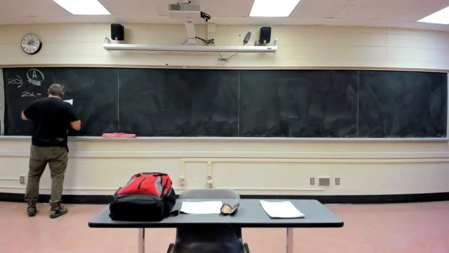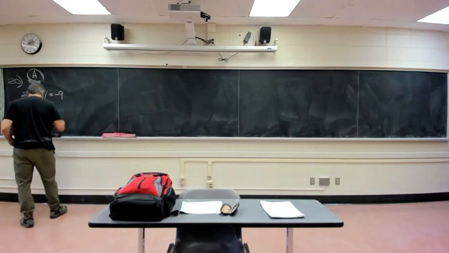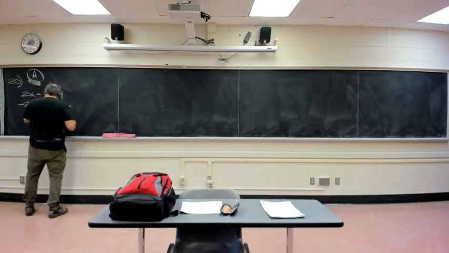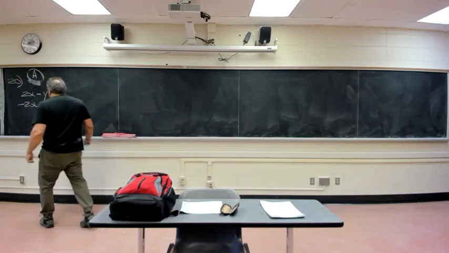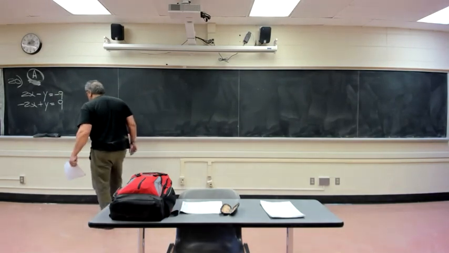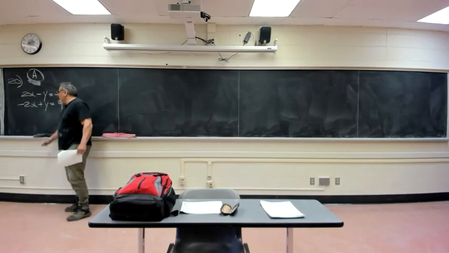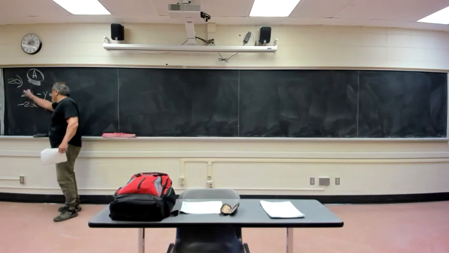I think when you acquire enough experience about this, you'll look at something like this and you'll see something. You see this right here? This is a very interesting point. If you were to take these two equations and add them, you get something very interesting. 2x and negative 2x is 0.